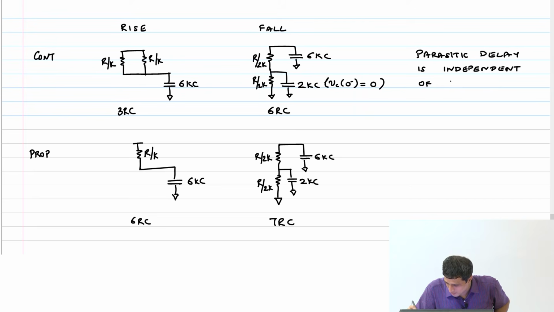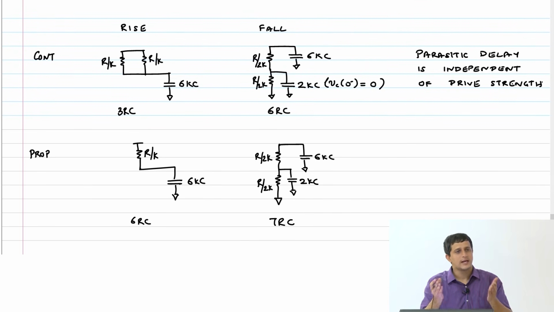Why is that? Because when I upsize a transistor, the capacitance goes up by a factor K, the resistance falls exactly by the same factor K, and it's RC which is the delay, and therefore they cancel out. To a first order this is true.